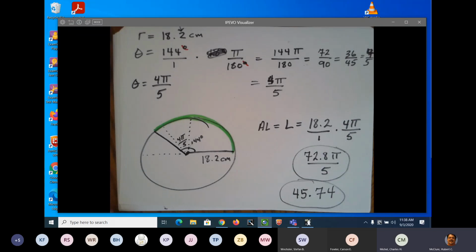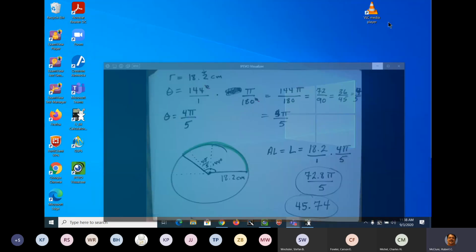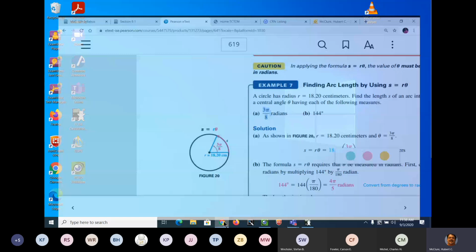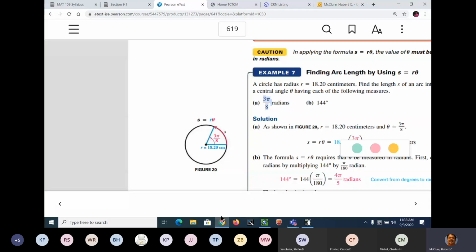Well, the arc length has to be in radians. If you go back to the actual formula, hold on a second, right here. It has to be in radians. Where's the formula?